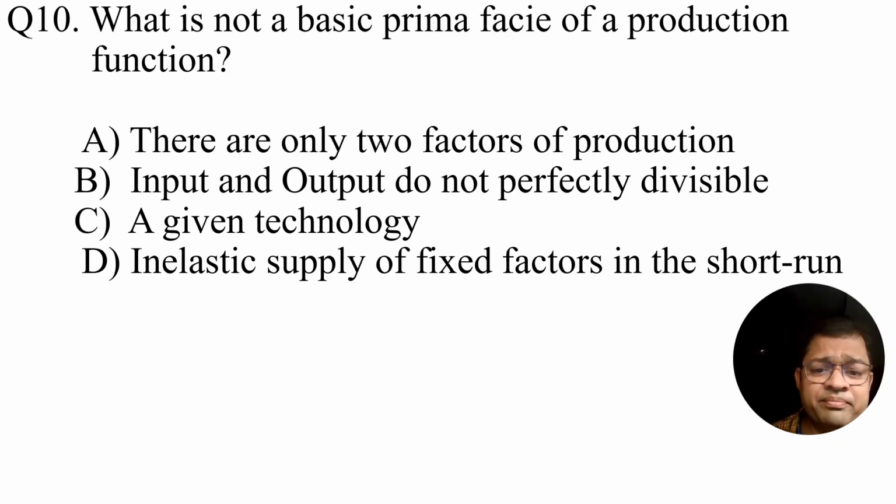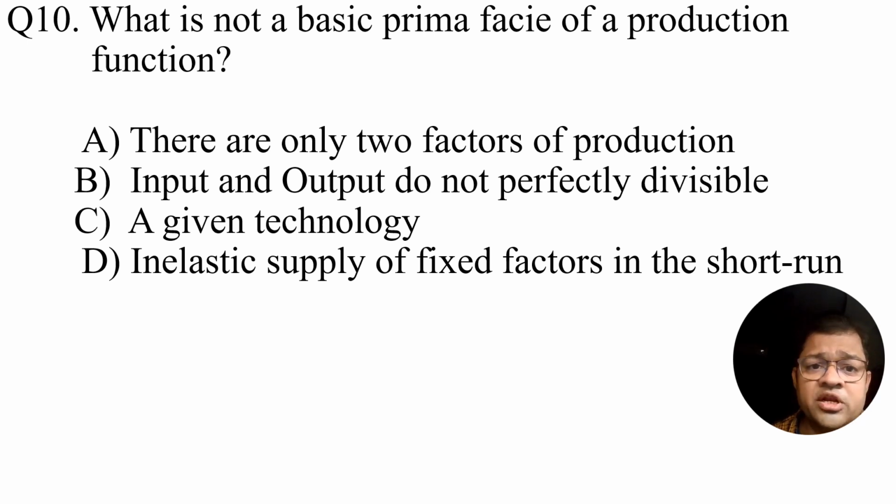What is not a basic prima facie assumption of a production function? There are only two factors of production, you know that. One is labor and the second is capital. It's the correct answer. Input and output are not perfectly divisible. For a production function, the basic assumption is that input and output need to be perfectly divisible.